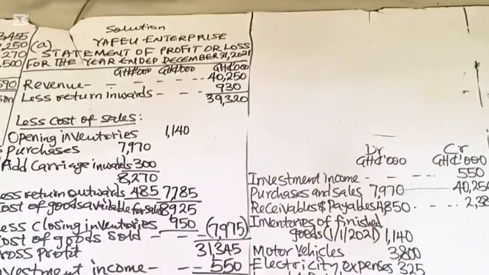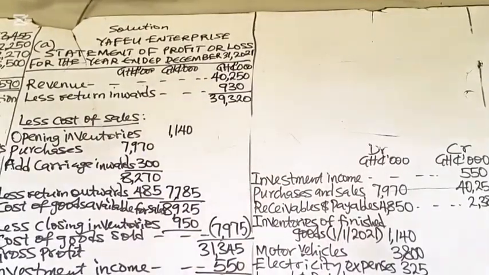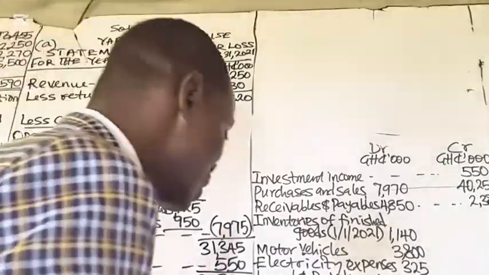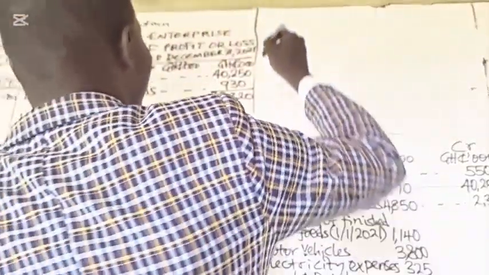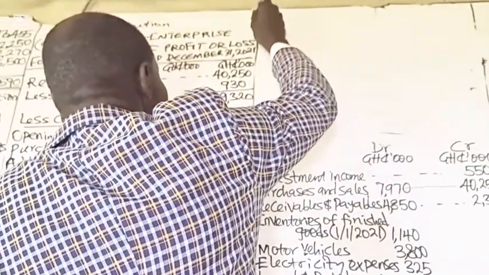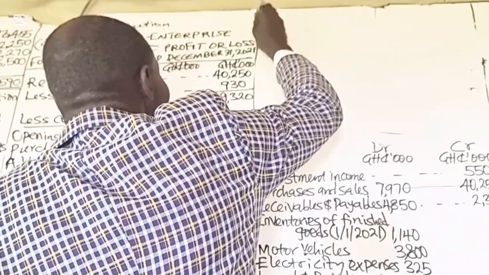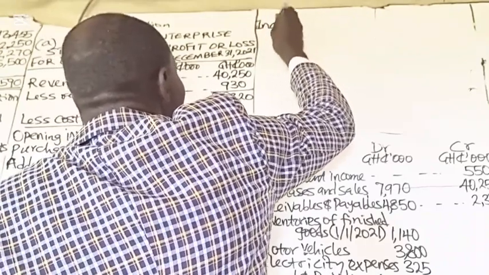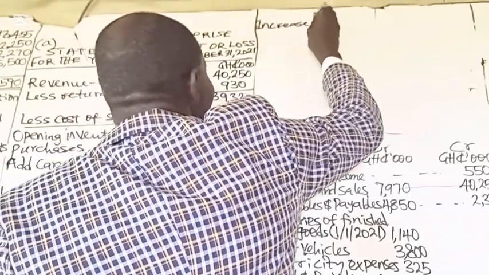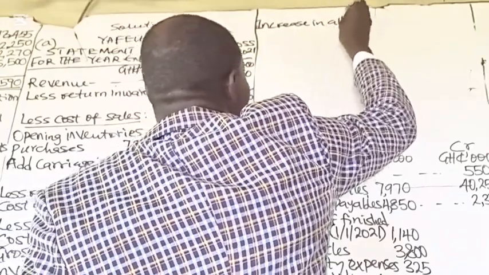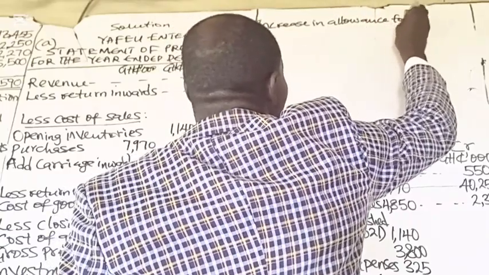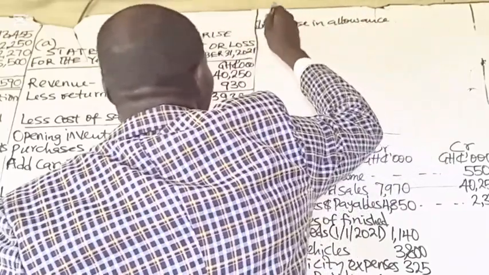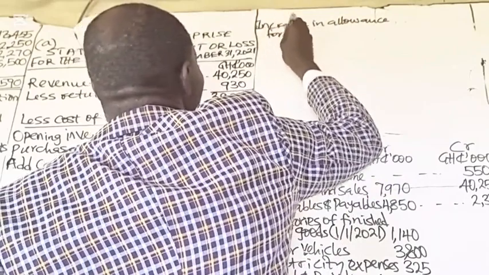Since the footnote exceeds the one given in the trial balance, that means we have an increase in allowance for irrecoverable debts. An increase is an expense. So we have increase in allowance for irrecoverable debts.